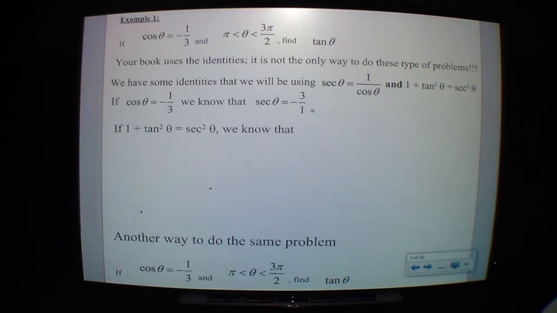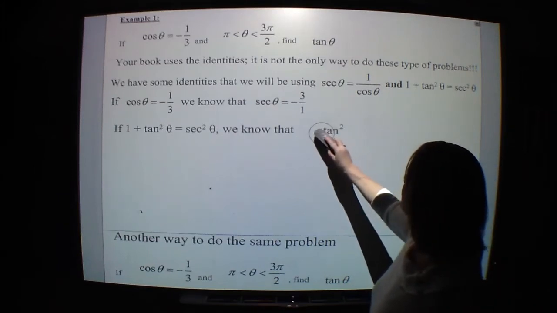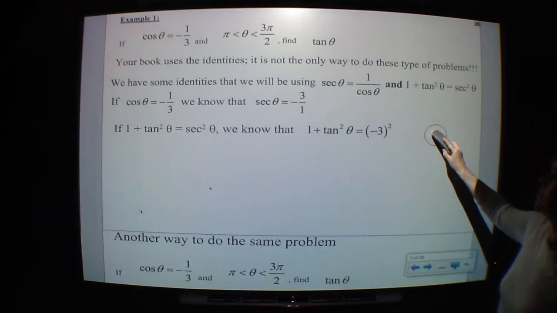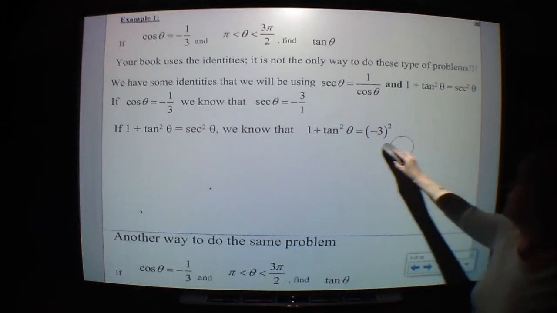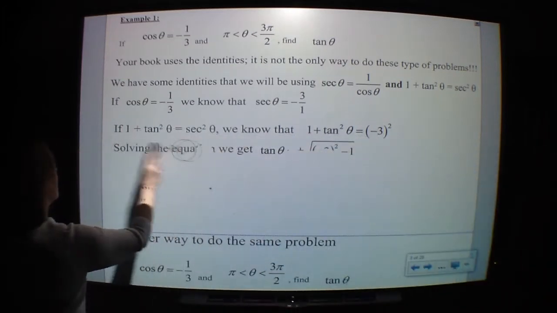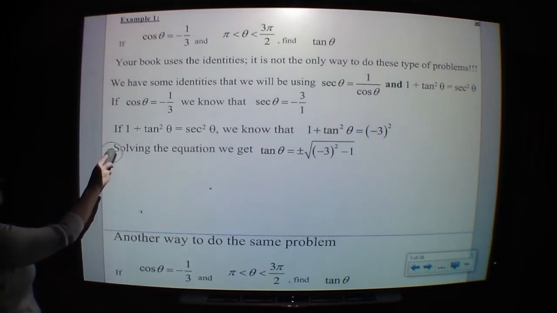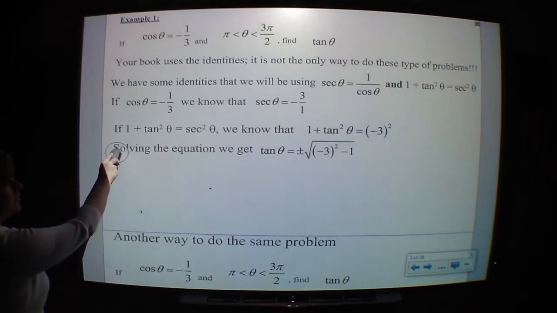So if secant squared is equal to 1 plus tangent squared, then 1 plus tangent squared is equal to negative 3 squared, because that's secant squared. Solving the equation, tangent is equal to positive or negative the square root of negative 3 quantity squared minus 1. Negative 3 squared is 9, minus 1 is 8.